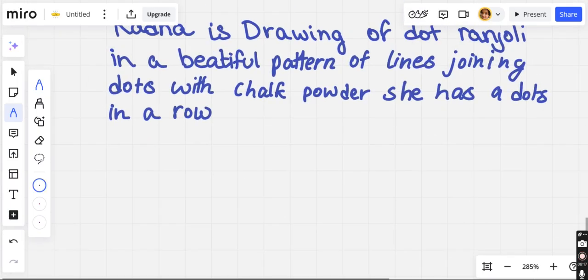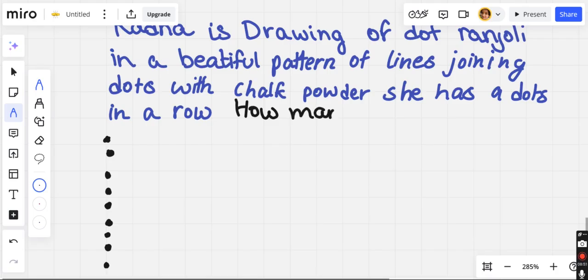I am drawing 9 dots: 1, 2, 3, 4, 5, 6, 7, 8, 9. Okay, now I have 9 dots in a row.